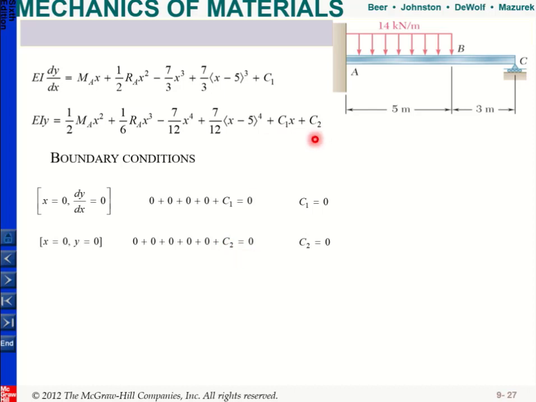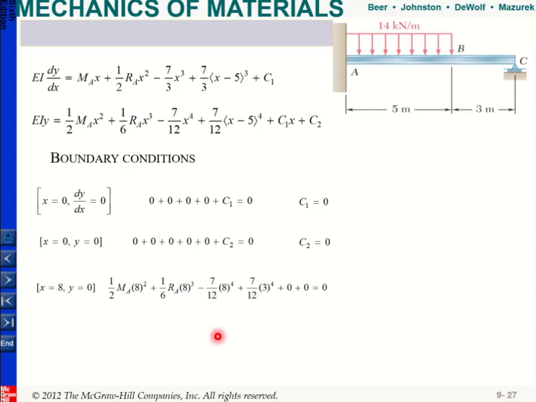Then I still need one more equation that I need to relate this MA to RA. For that I will look at point C, and at point C I know that my y is equal to 0. So when x is equal to 8, y should be equal to 0. If you plug this in, you can get this equation. Previously we learned that I can write MA in terms of RC, and I can also write RA in terms of RC.